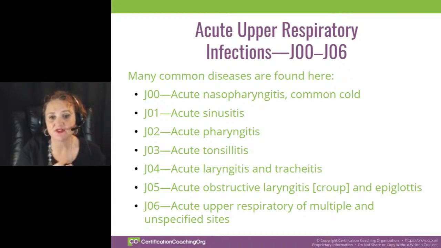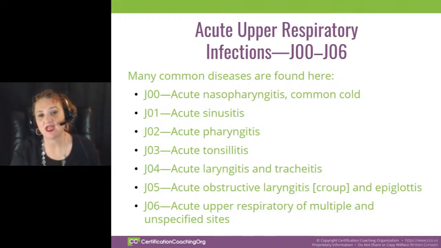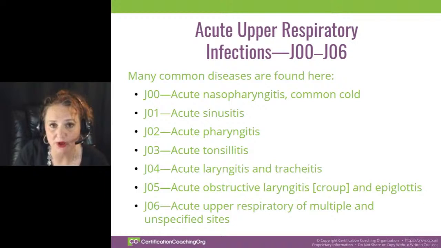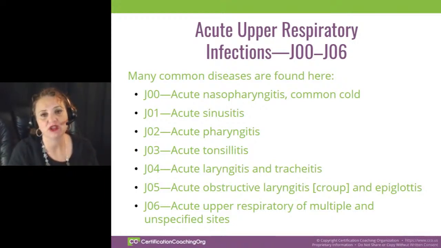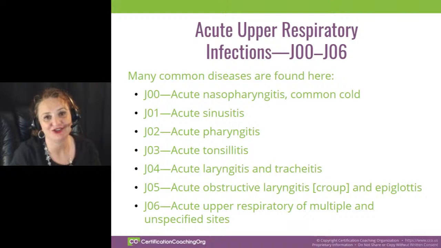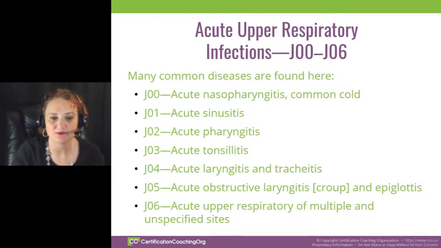That is different than just an inflammation. There's an obstruction, and that is when they say that the person has croup, and that's a high barking, whistly cough. It's very unique. You can go listen to that on YouTube. Children get croup, but adults can get croup as well.